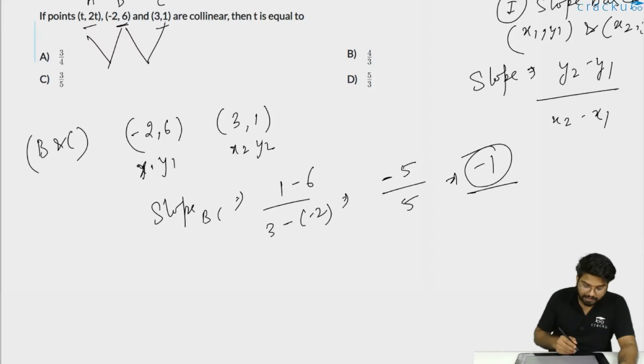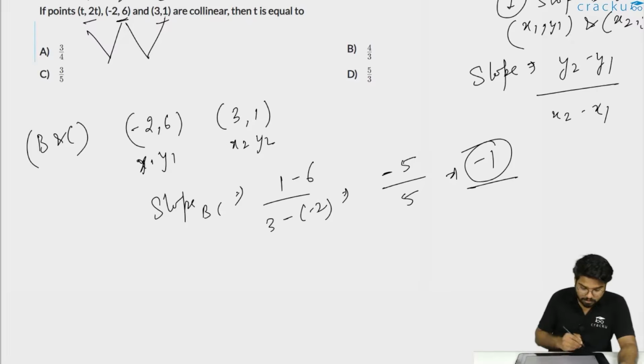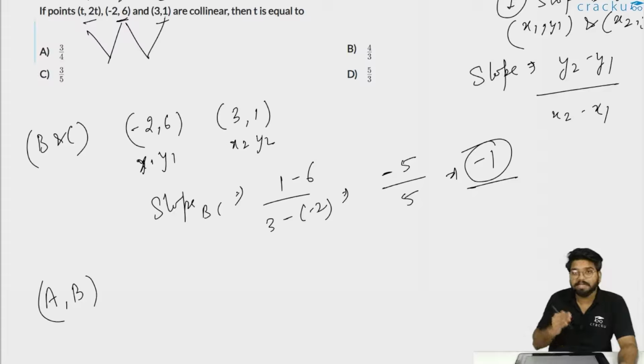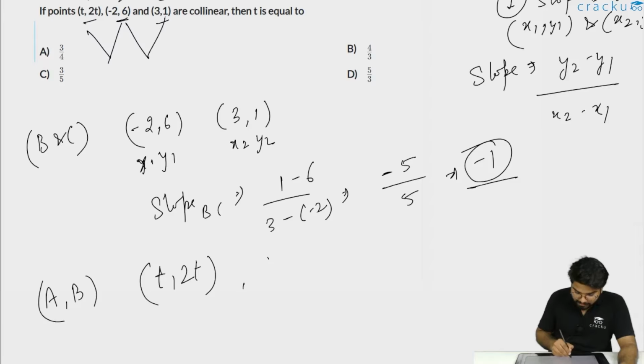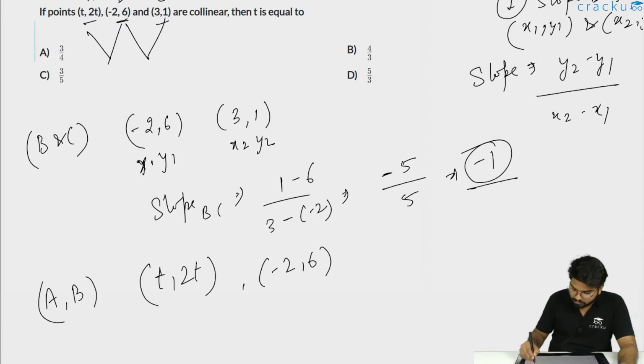Now if we are saying that A also lies on the same line, then the slope of that line will also be equal to minus 1. So let's find the slope of that line also. We can find the slope using points A and B. We have assumed that B and C lie on the same line, and now we are assuming that A and B also lie on the same line. So we have the coordinates t and 2t and minus 2 and 6.